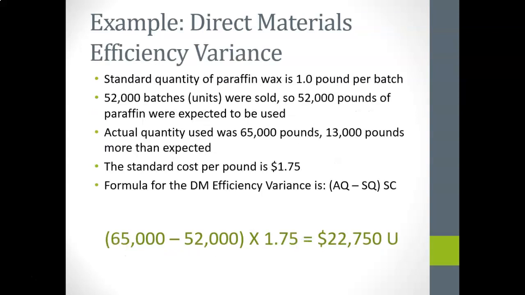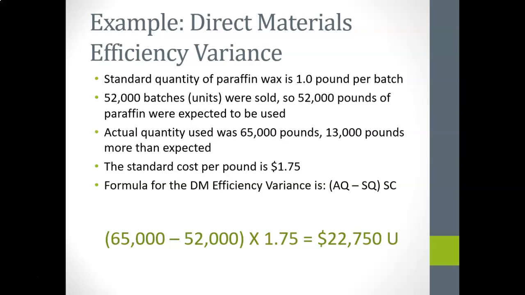Now here's the efficiency variance. So just to re-summarize, the standard quantity of paraffin that we need is 1 pound per batch, or for each box of crayons, okay?